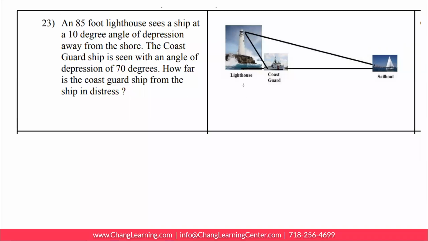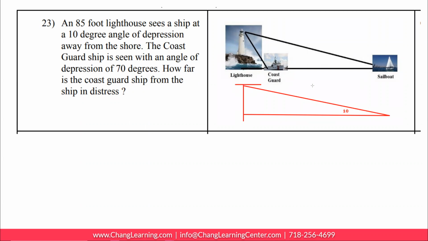The problem reads, an 85-foot lighthouse sees a ship at a 10-degree angle of depression. So that's the first sentence here. This angle here inside is 10 degrees, which means that the lighthouse light is bending down 10 degrees.